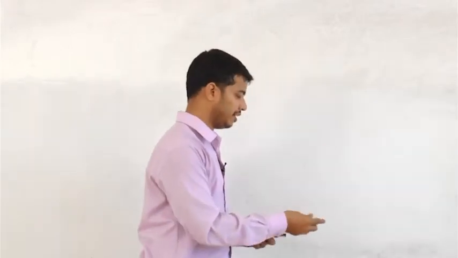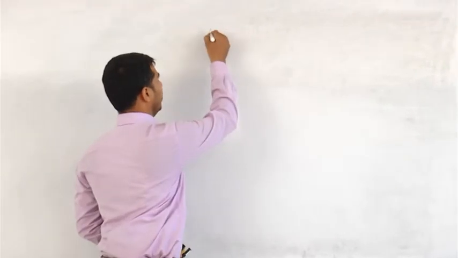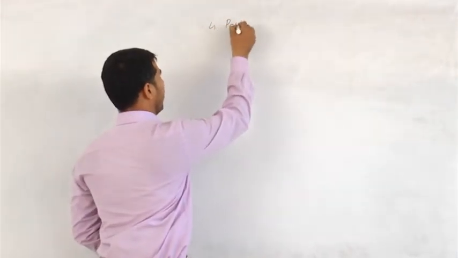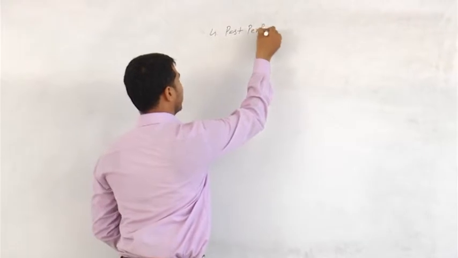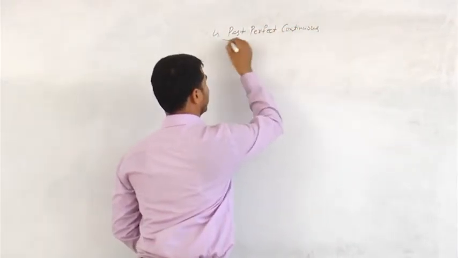Okay, now let us see the definition, syntax, helping verb, as well as examples, one after the other. Focus. Past perfect continuous.